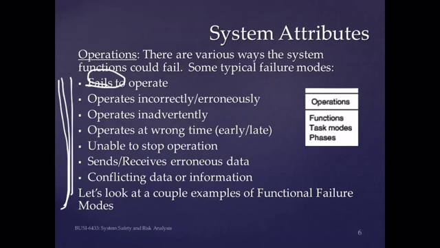Or, equally as hazardous, if not more so, does it shoot when it's not supposed to, operating at the wrong time? Those are just two examples of some of the many failure modes that we can analyze in the operations system attribute in order to better know our system. And again, we'll revisit these modes later on in the course.